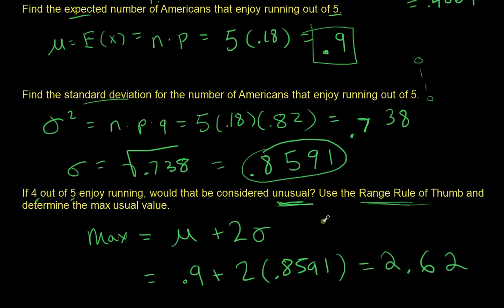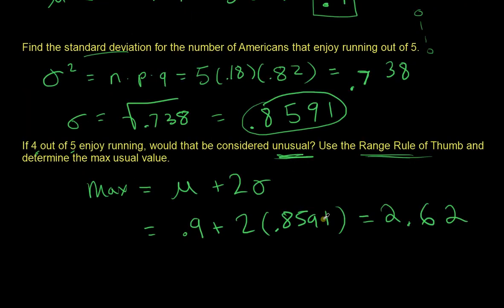So if the max unusual value is 2.62, then 4 is above that, right? So if I have a number line here, 0. The max is 2.62. So below there is usual. Right? I have to find the minimum usual value, but I don't need it to solve this problem, so I'm not going to.